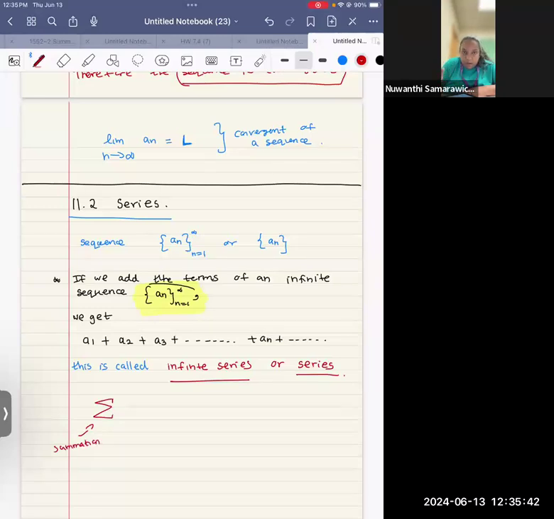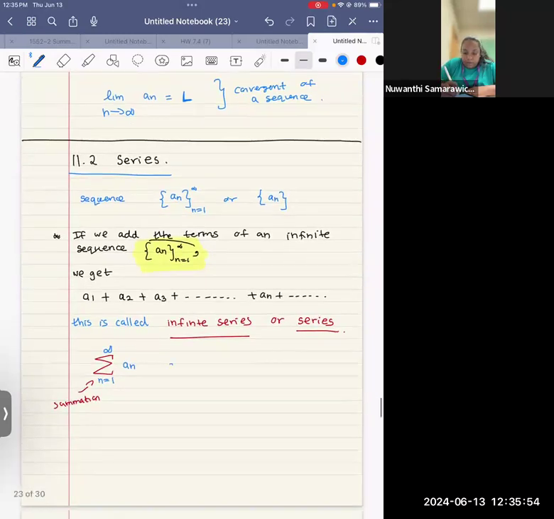That means you add all the terms. Here it is from n equals 1 to infinity, you add all the terms. Or else you can also write just the summation of a sub n. So this is the notation of an infinite series.